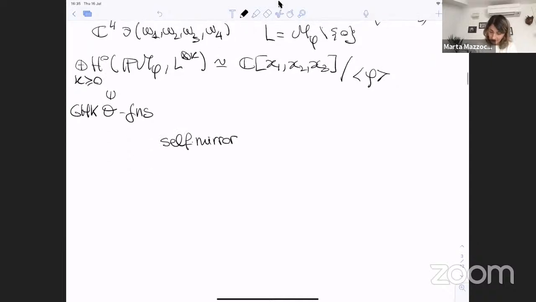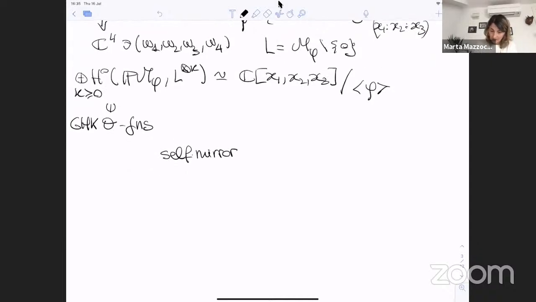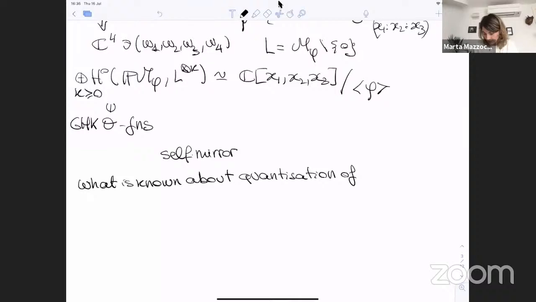But before I do that, let me perhaps list what we know so far. What is known about the quantization of essentially this kind of rings that we have, the ring of polynomials in 3 variables quotiented by some ideal.